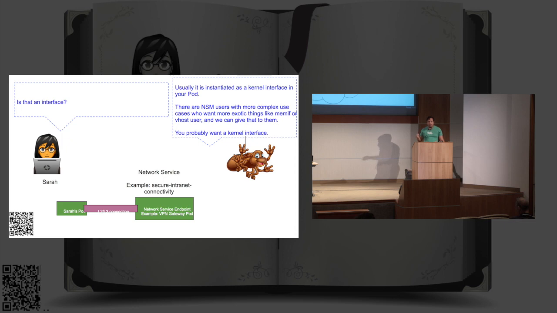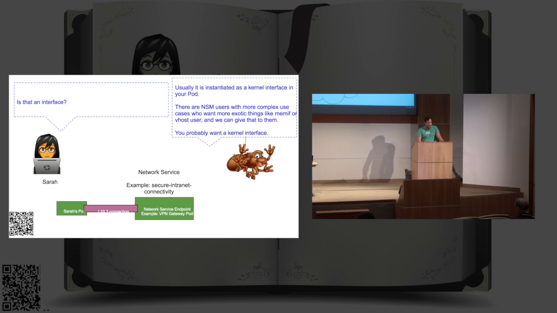But we also have users who want something a little bit more complex, a little bit more exotic. So things like, in VPP, you have memIF, or if you're working with OVS, you have vhost user. So we can inject in those types of interfaces, which allow you to do kernel bypass and get very fast connectivity to your data plane. But in Sarah's case, she just wants a kernel interface.